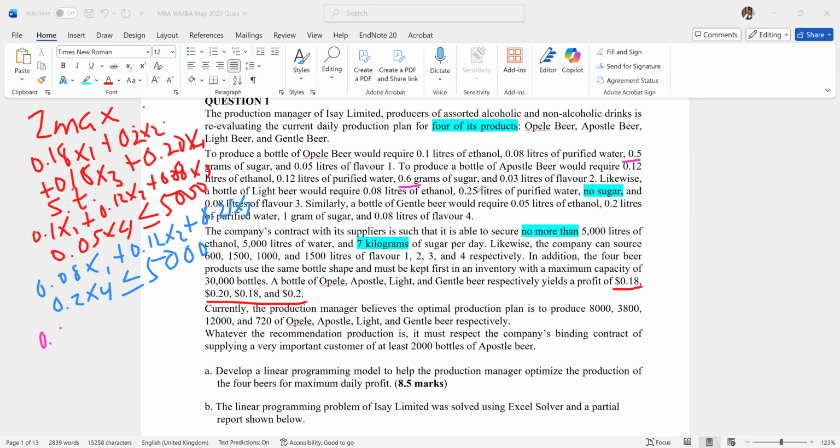And then the next one. No sugar. There is no sugar. So that one was plus. And X4 has sugar.